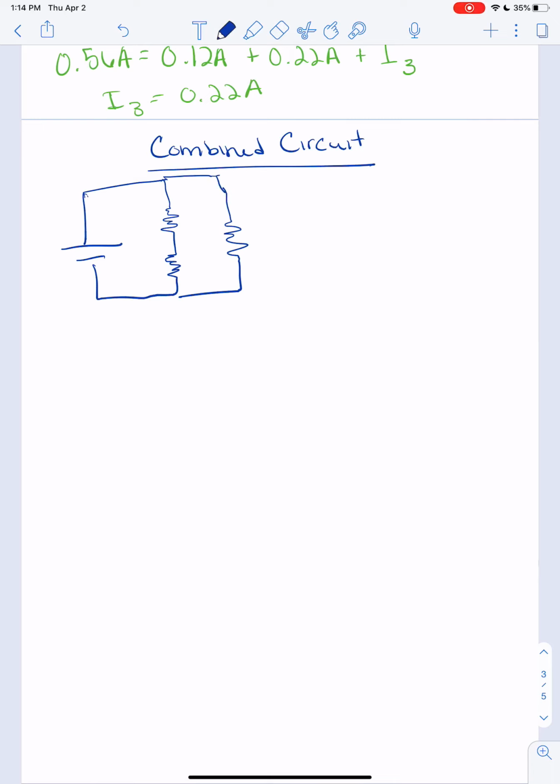Okay, so we have a voltage source, we have R1 and R2, which are in series, and they're in parallel to R3, okay? So if we want to find, again, our current through our voltage source, we're going to have to find our equivalent resistance.